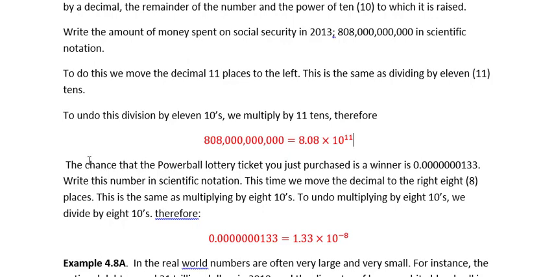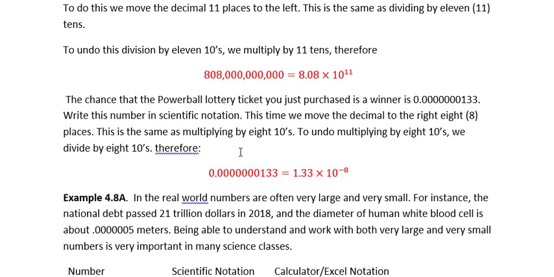Let's do it the other way. The chance of winning the Powerball lottery just purchased is 0.0001133. I'm going to write this number in scientific notation. And you can read that, but I'll just explain it from here.